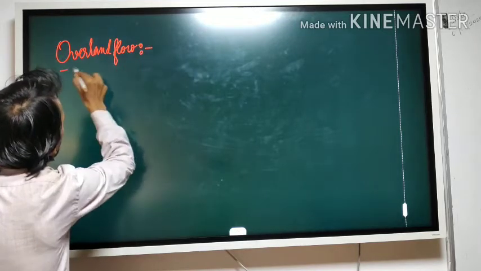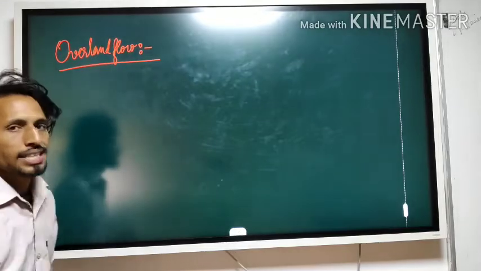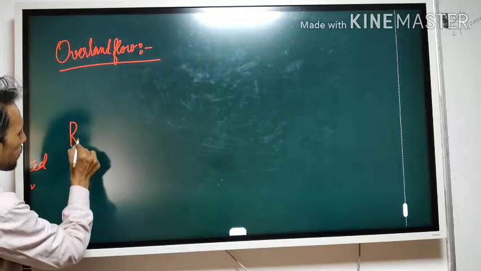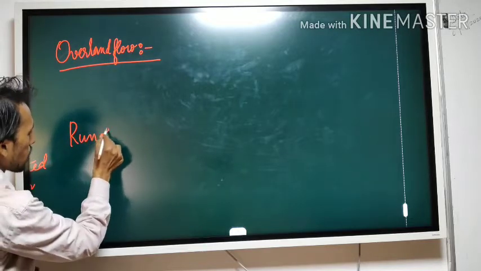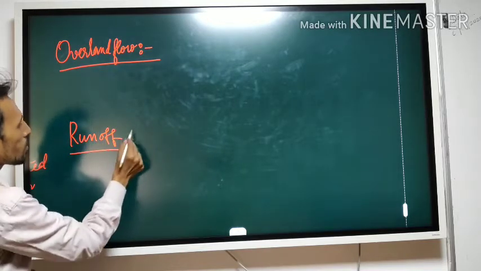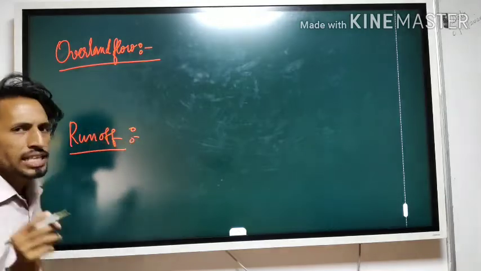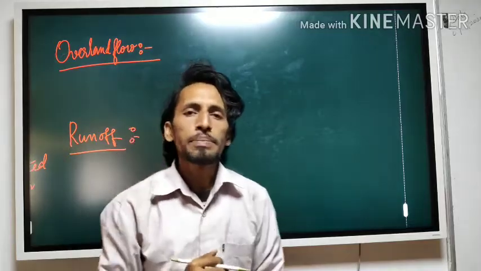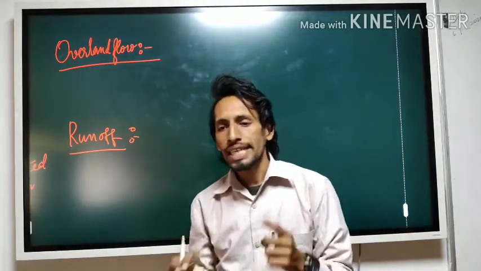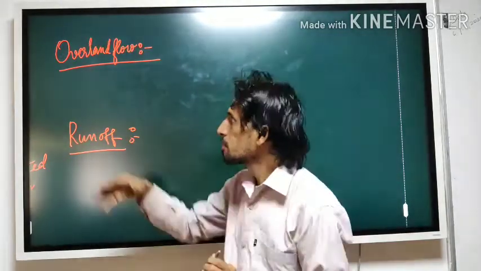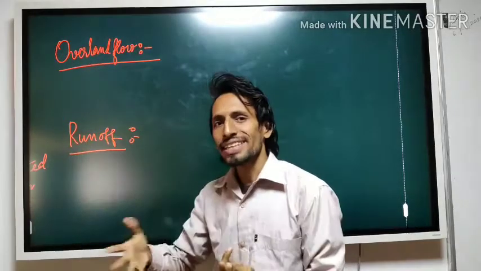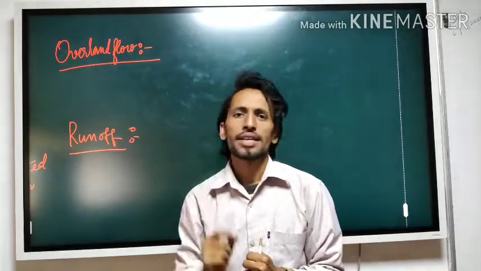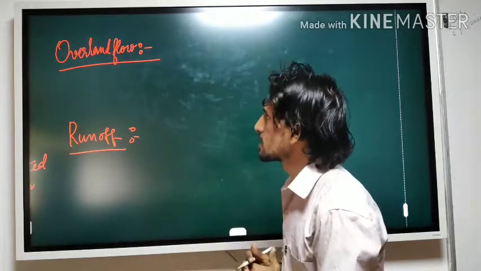There is another term called overland flow, and sometimes people get confused it with runoff. So there is a very small difference. Although people use these two words interchangeably, sometimes while using them they treat both as the same, but there is a slight difference. So what is the difference?